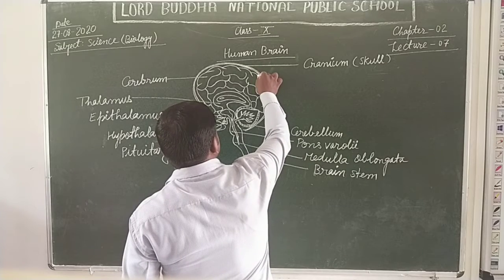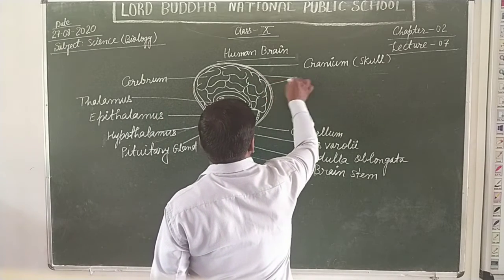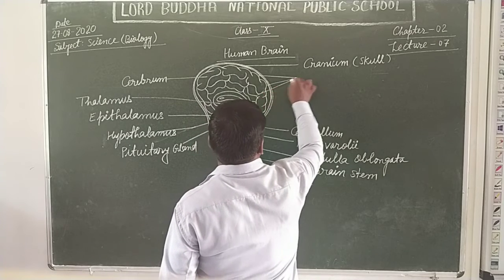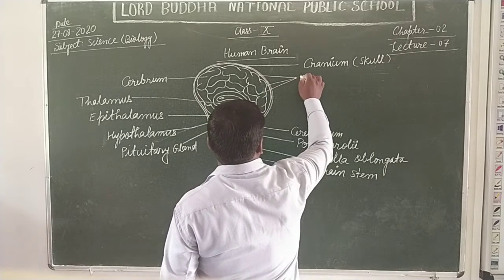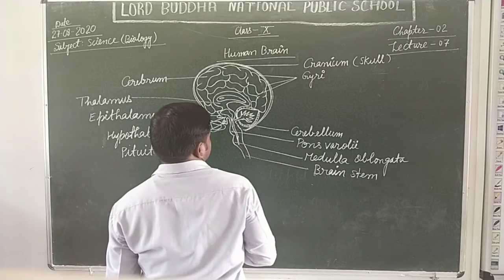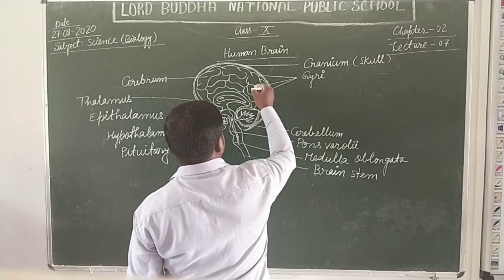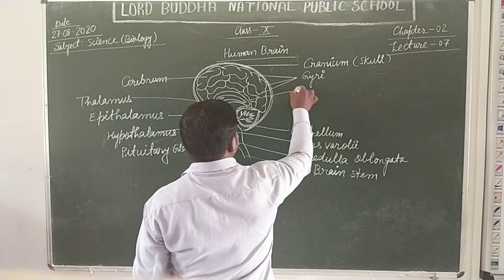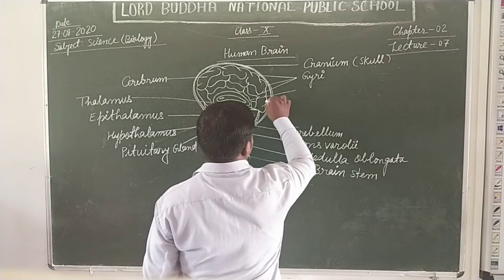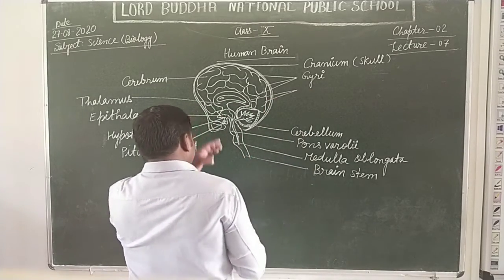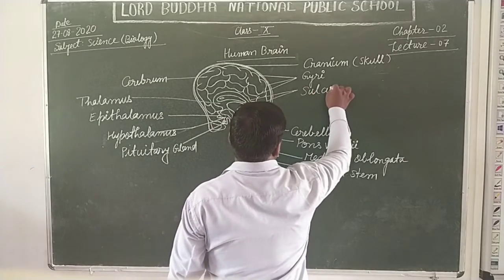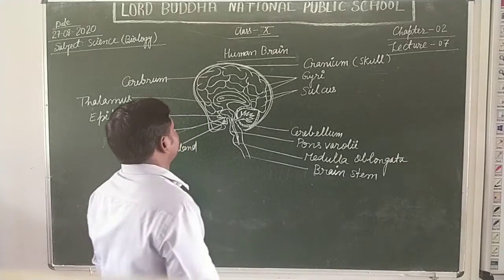Now as you observe in the structure of the brain, the ridges are called gyri, whereas the grooves, meaning depressions in the outer surface of the brain, mainly formed of gray matter, are called sulci, or sulcus in singular.